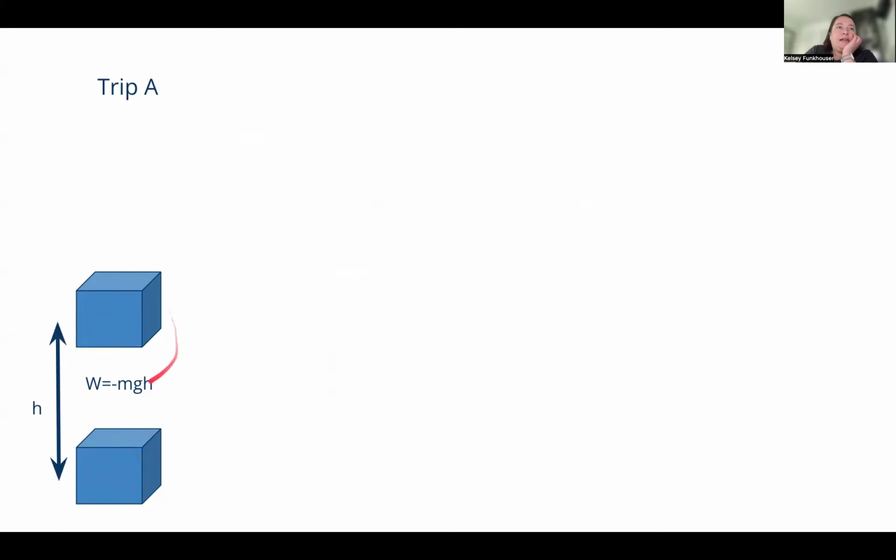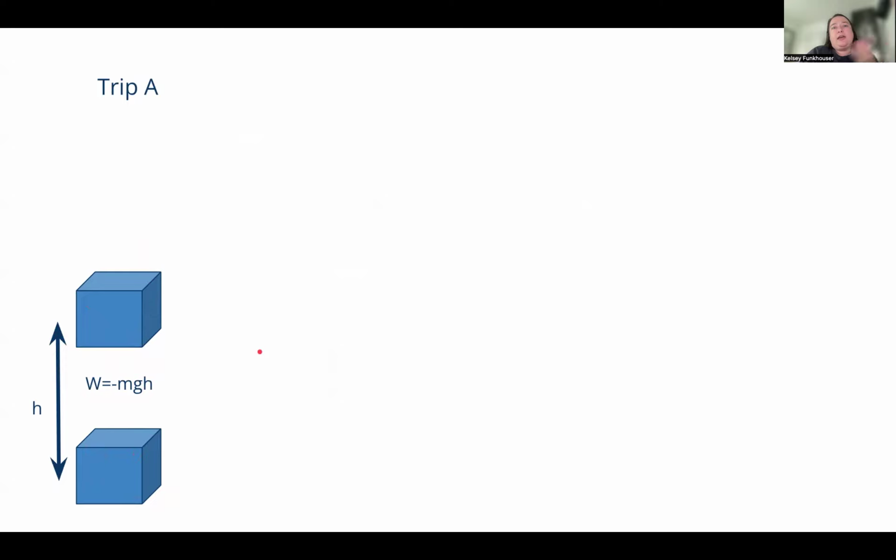Here's the box, mass M, and going from the basement to the first floor is height h. Just like on the previous slide, the weight force is pointing down, or gravity is pointing down, and the motion is up. So those are in opposite directions. That means the work done is negative. So to go from the basement to the first floor for trip A, it's negative mgh.